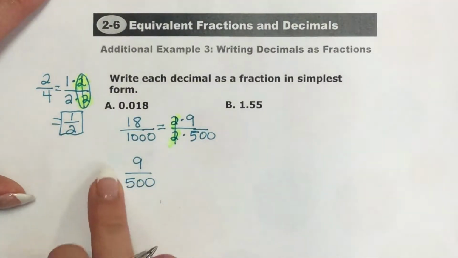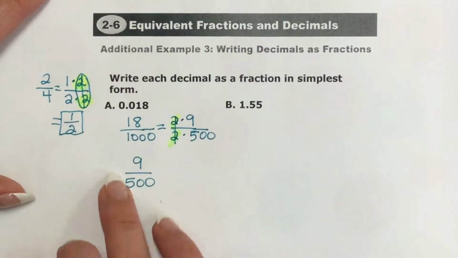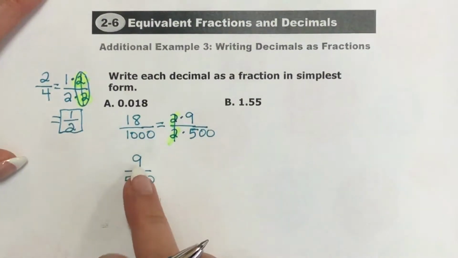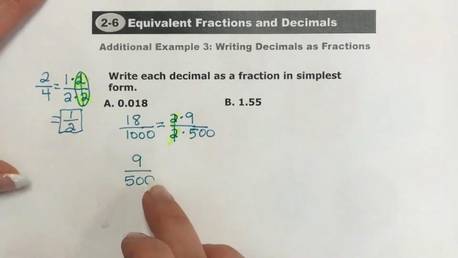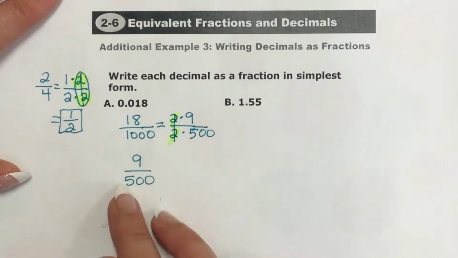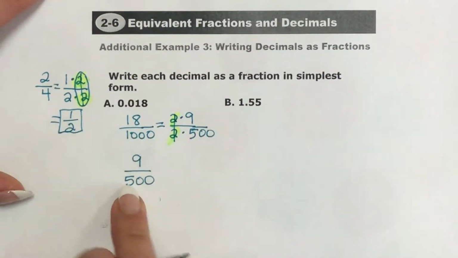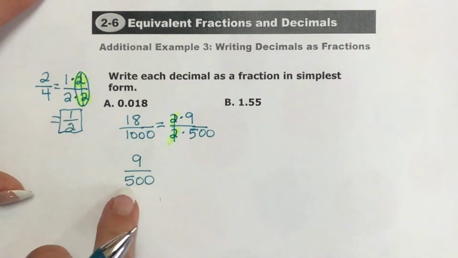Now we want to see, are there any other factors or numbers that go into both of these? Well, 9 goes into 9, and 3 goes into 9. So does 3 go into 500? There's really an easy way to figure out if a number is divisible by 3 without doing the long division. What you do is you add up all of the digits.